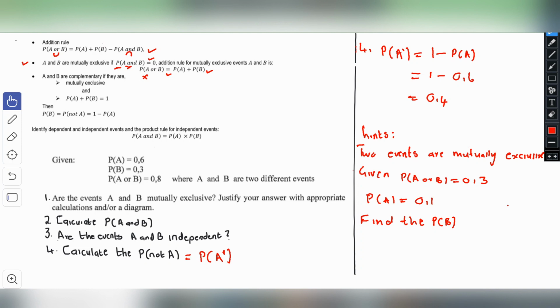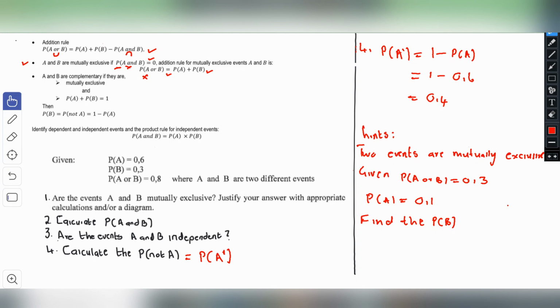There is a possibility that you might be given this type of questions whereby they mention mutually exclusive, or they say the two events are complementary, or the two events are independent. Whenever you hear those words in your statement, like independent, mutually exclusive, complementary, go to check the formula.